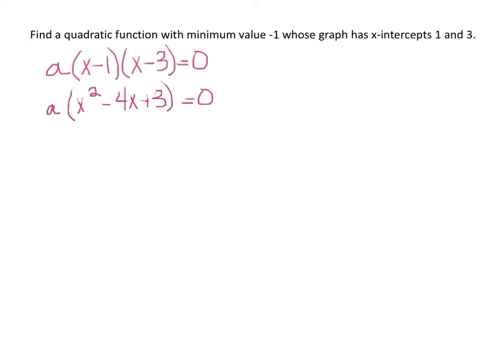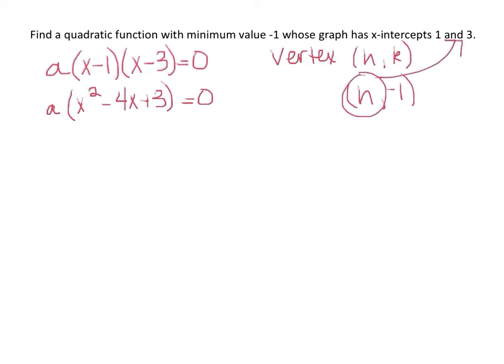Now we're told that we have a minimum value of -1. So our vertex is -1.